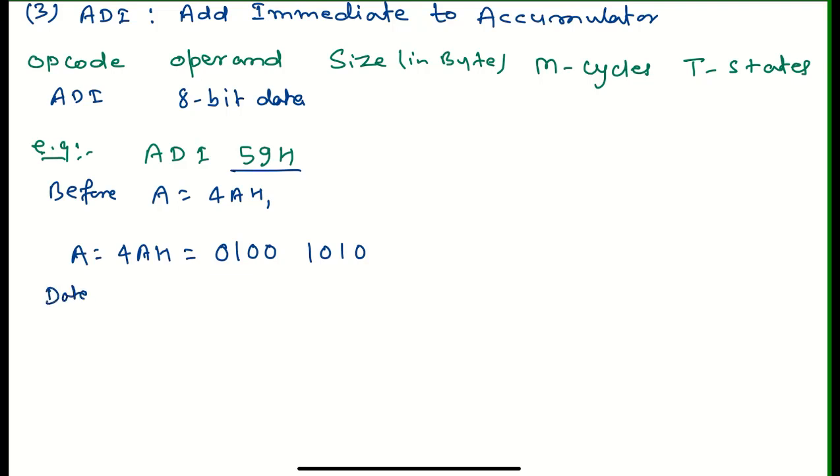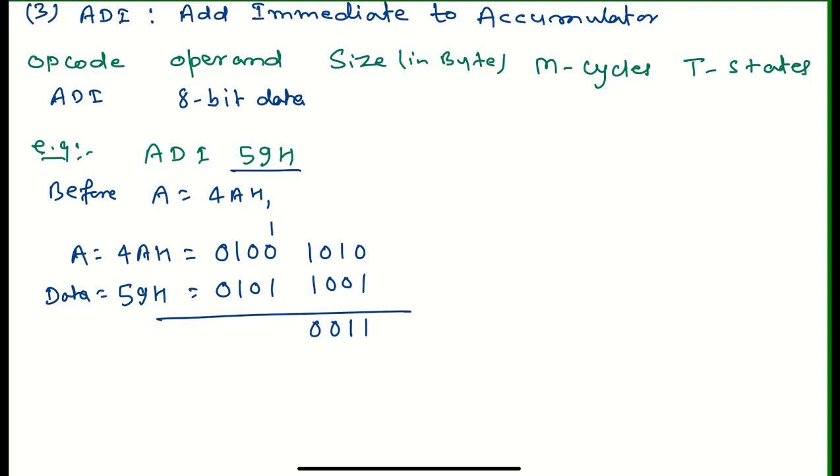Now we have 59H as the data here. This can be written in binary form as 0101, and 9 can be written 1001. Now we have to perform the addition. From the first stage, 0 plus 1 is 1, then 1 plus 0 is 1, third stage 0 plus 0 is 0, fourth stage 1 plus 1, so sum will be 0, carry will be 1.